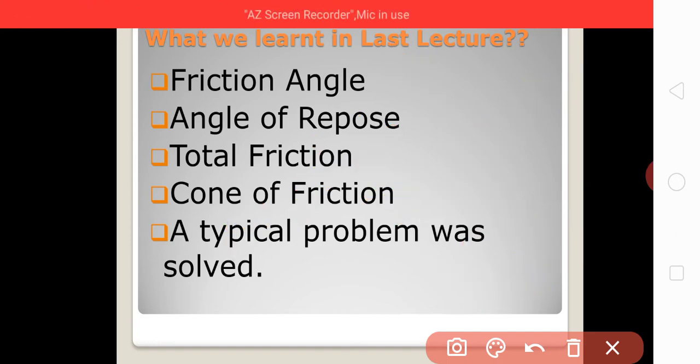Okay. Now, total friction. Again taking help of the block kept on a horizontal surface.